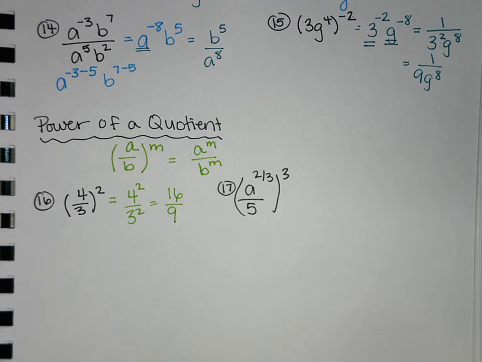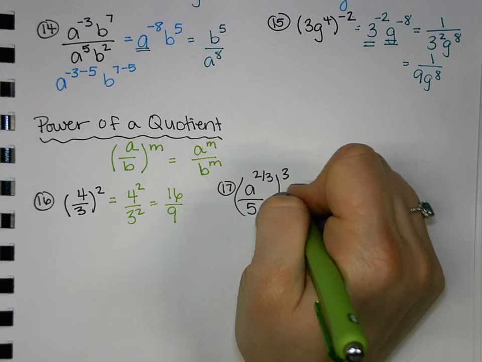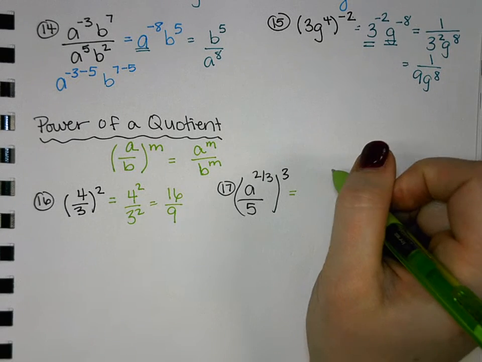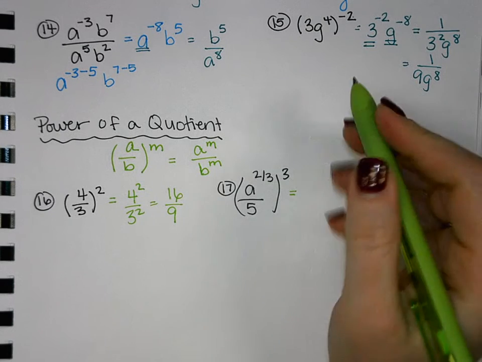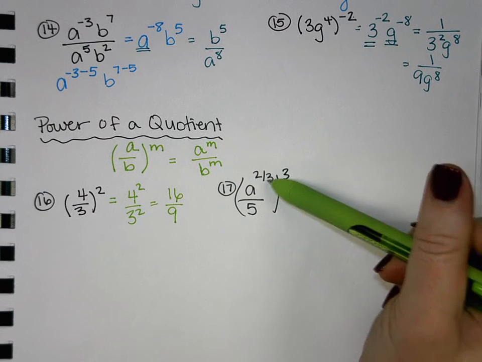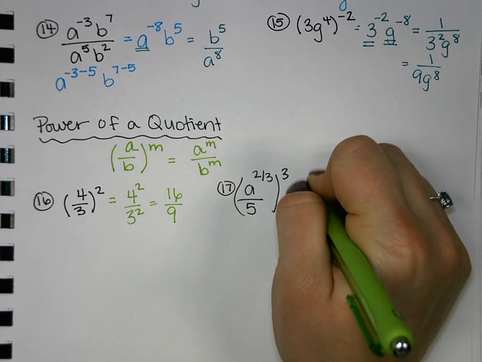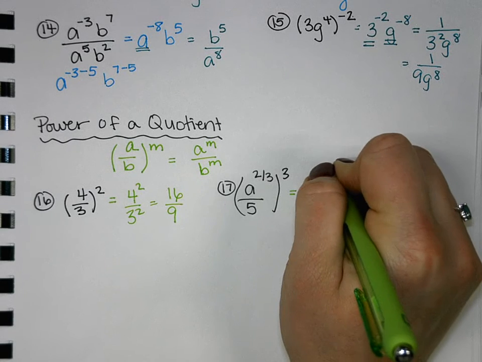2 to the 2/3 over 5, all to the third power. So again, we have a power to a power when we put this through to the top.